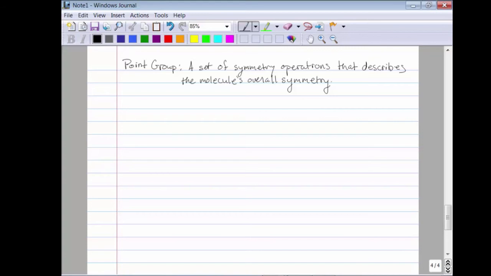So I'm going to give you the steps that I learned when I was in undergrad, and this is from the Miessler and Tarr textbook. I think Miessler and Tarr has a little bit better way of doing it. They're very, very similar, but I like Miessler and Tarr's better. So assigning molecules to point groups is what we're going to talk about now.